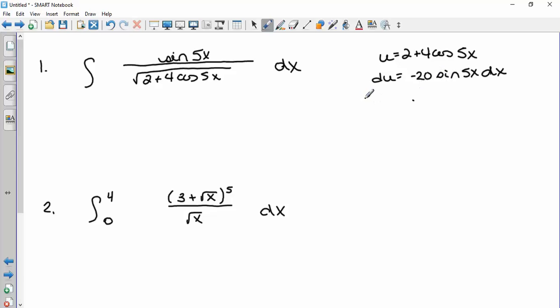So if I divide that over, I have a negative 1 over 20 du is equal to the sine of 5x dx.